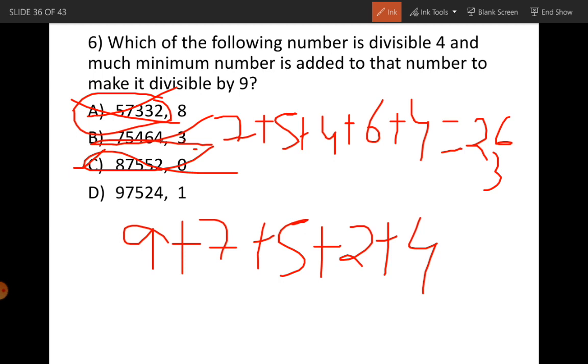By this we have excluded the upper three options, so without doing it we can say the fourth is the right answer, but we'll do it and see. 9 plus 7 is 16, 16 plus 5 is 21, 23, 24, 27.